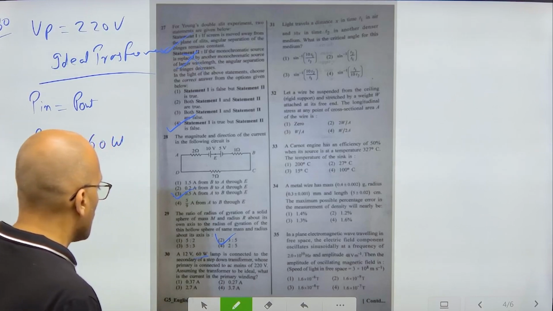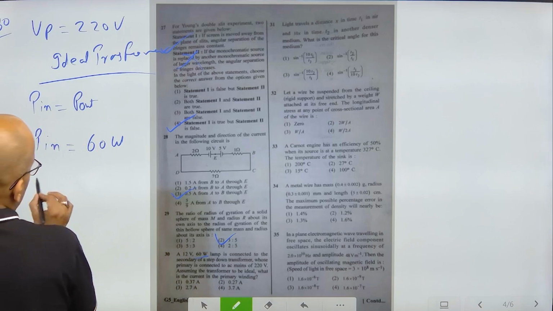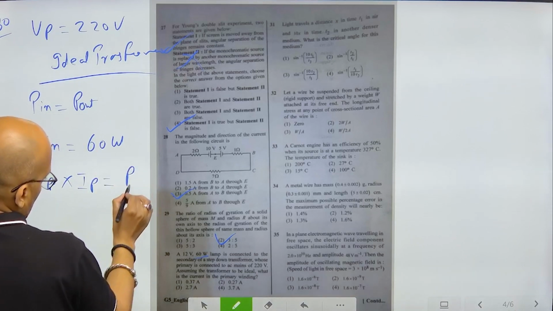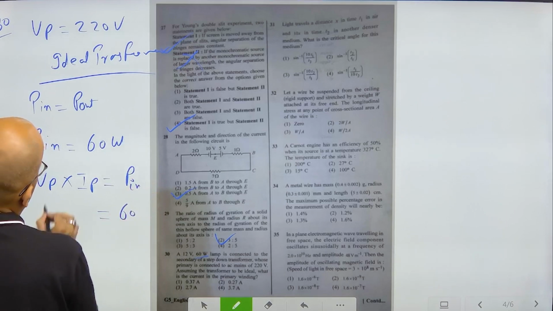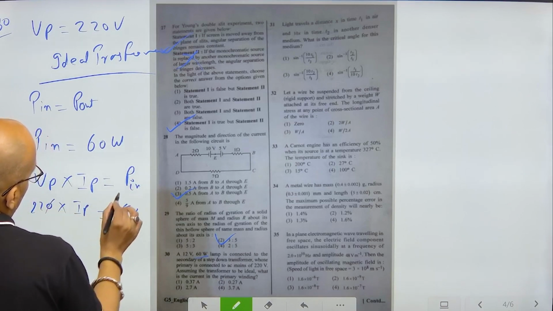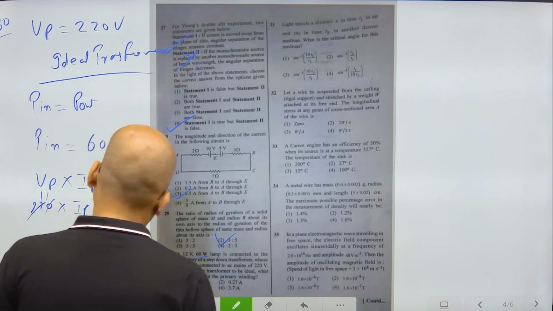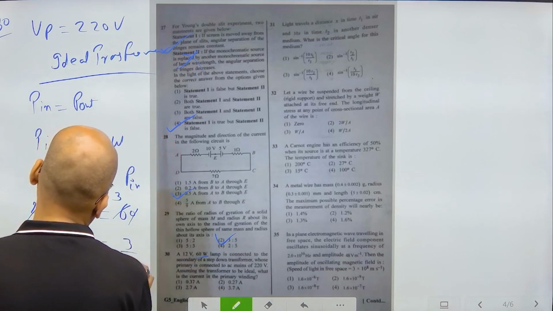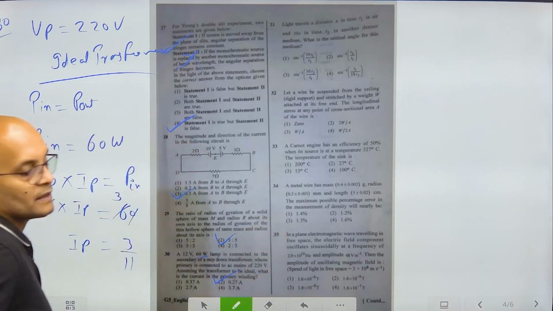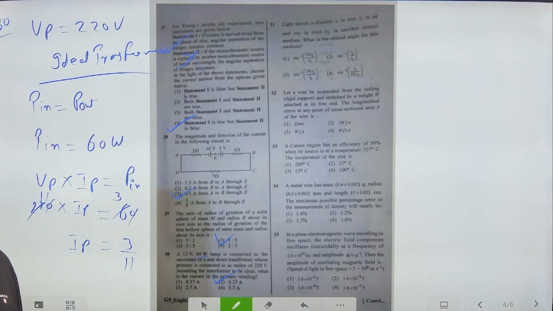Now it is asking us what is the current in the primary winding. So V primary into current of the primary is equal to input power. Power is 60. This is 220 into IP. So IP comes out as 3 upon 11. When you solve it, 0.27 something, option 2 is correct. Okay. Moving on.